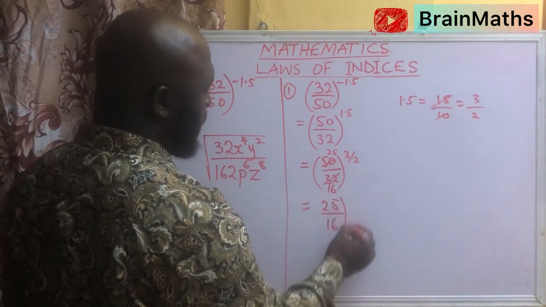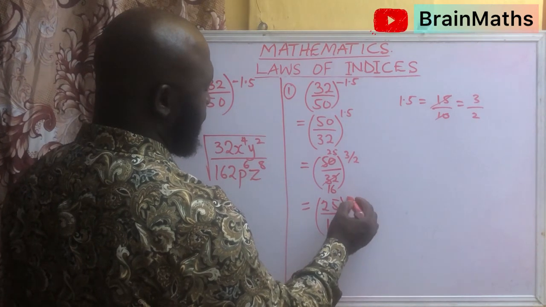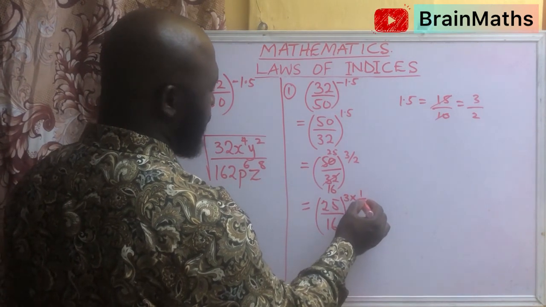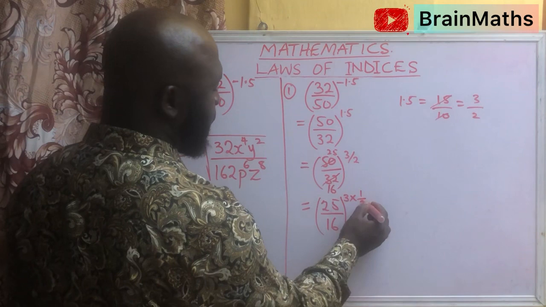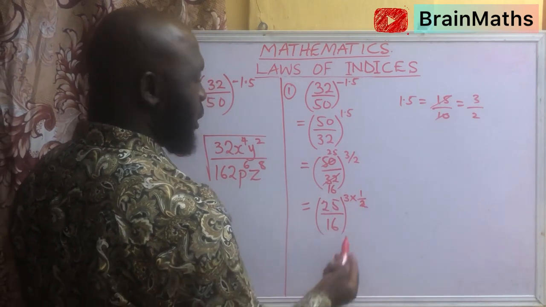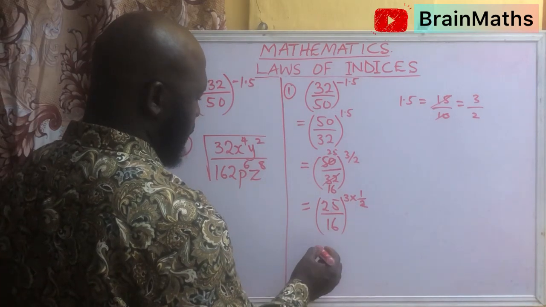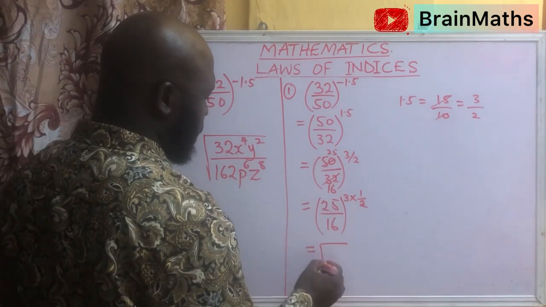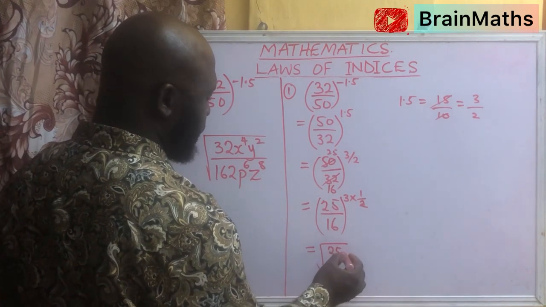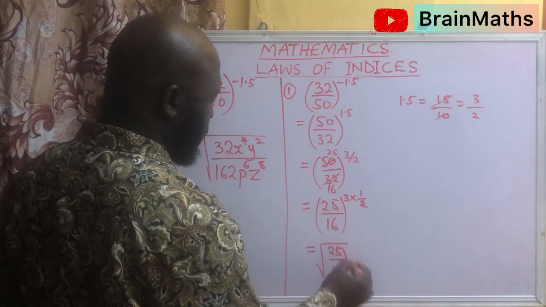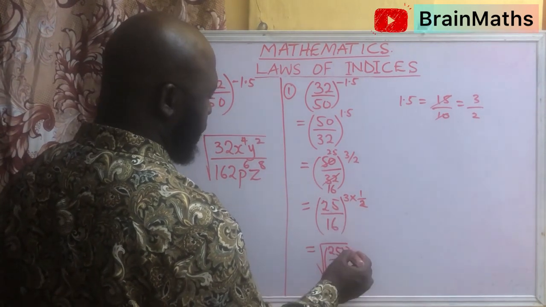And the power can be rewritten as 3 times 1 over 2. So don't forget that whenever we have 1 over 2, it is the same thing as square root. So we have square root of 25 over 16 raised to power 3.